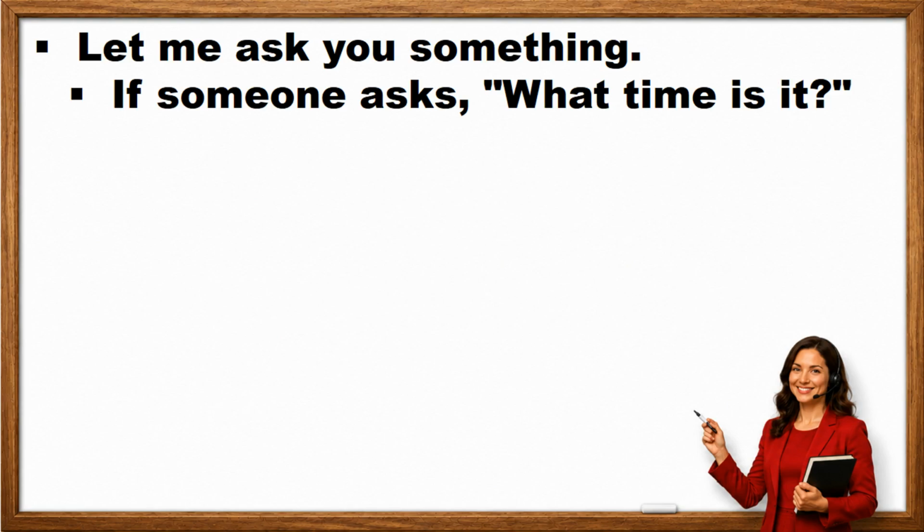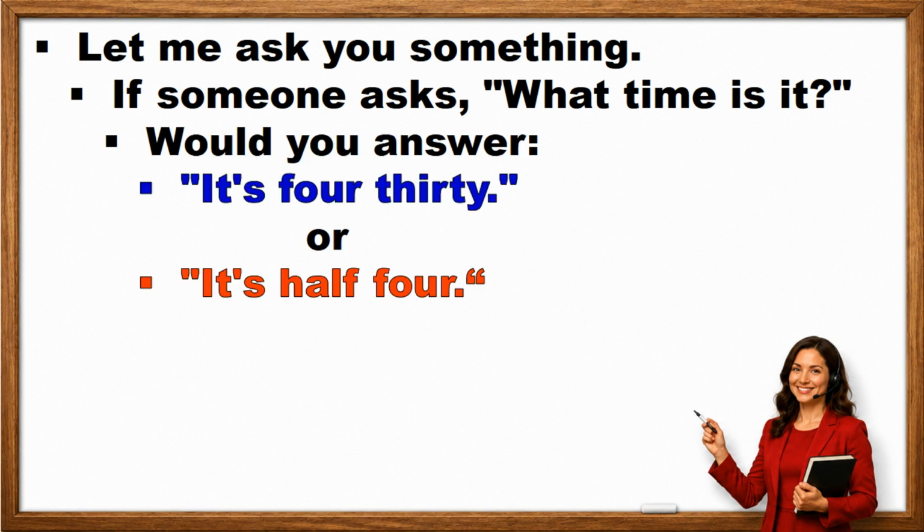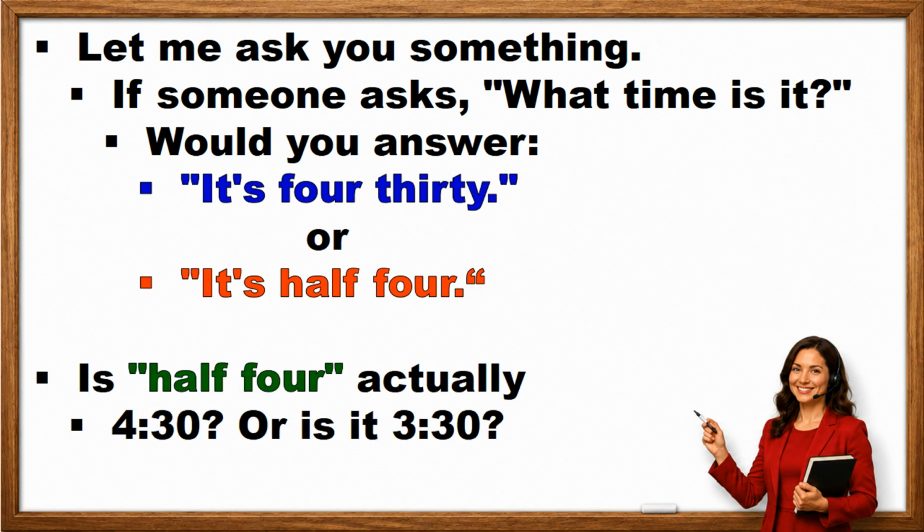Let me ask you something. If someone asks, "What time is it?" would you answer, "It's four thirty," or, "It's half four"? Wait. Is half four actually 4:30? Or is it 3:30? Many English learners get confused because Americans and British people often tell time differently.